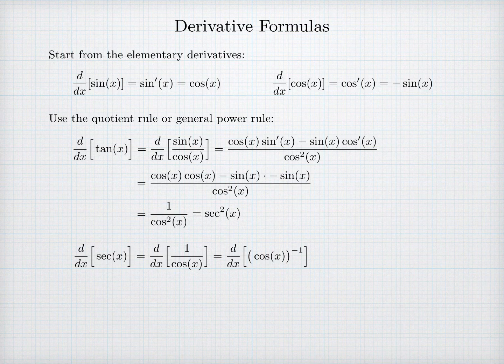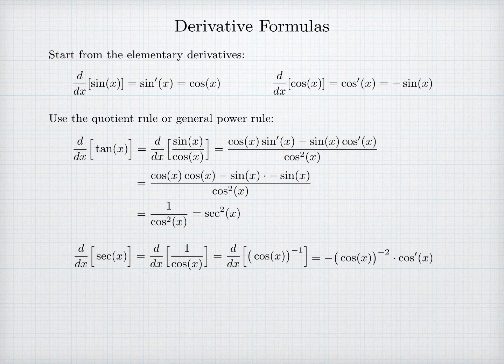Let's now do the secant's derivative. Because we've written it as the power of a cosine, it's the cosine of x raised to the negative 1 power, I get to use the general power rule. U to the negative 1 has a derivative of negative 1 u to the negative 2 power times the derivative of u. So I get negative of the cosine raised to the negative 2 power times the cosine's derivative.